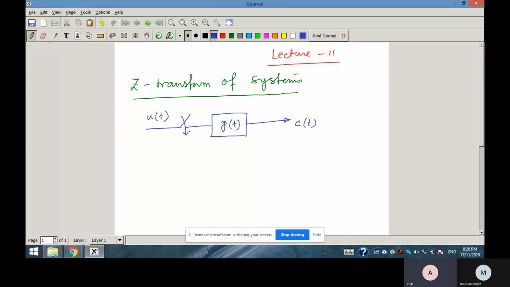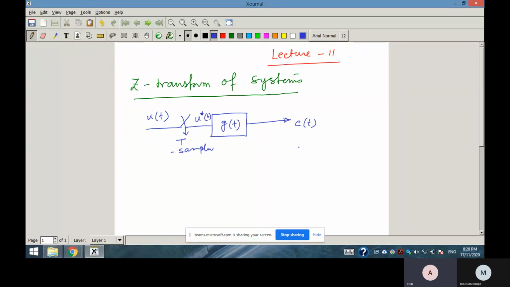This is the T sampler, which means this switch is closed at every T interval. And then, as per our notation, the sampled signal we denote as u*(t), and g(t) is the impulse response of the system, suppose.